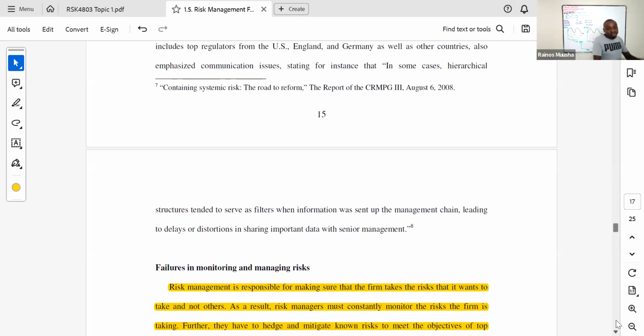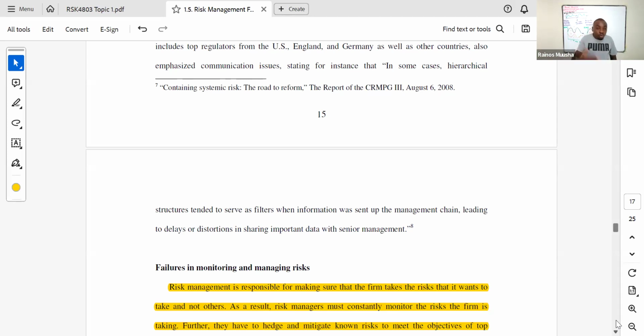The board is the one that makes the decision to say, based on the information that was communicated to us, this is how much our risk exposure should be, and these are the places that we should take risk on, and these are the places that we should not take risk on as well. And then after that, the risk manager goes on, on an ongoing basis, to review and monitor the risk exposures that the organization is making as well.